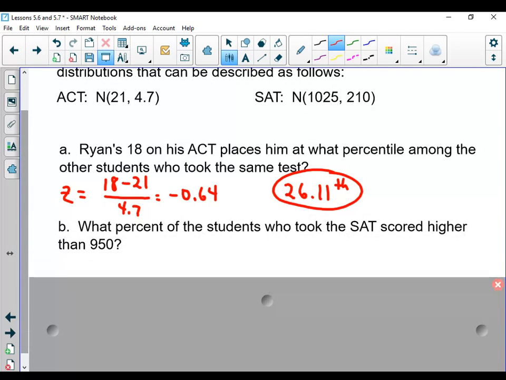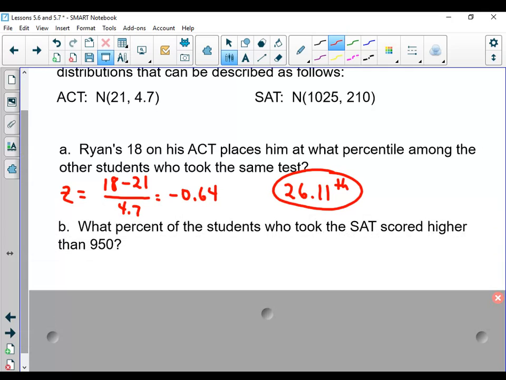All right, let's see about the percentage of students who took the SAT this time. We want to know what percent scored higher than 950. That part's going to be important here eventually, but we're still going to start with our z-score.